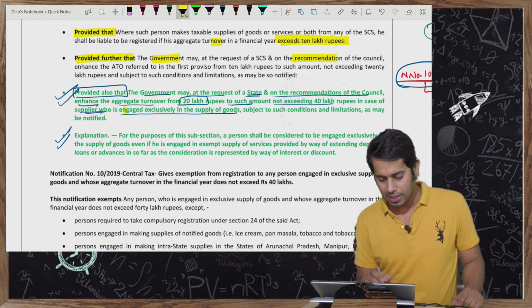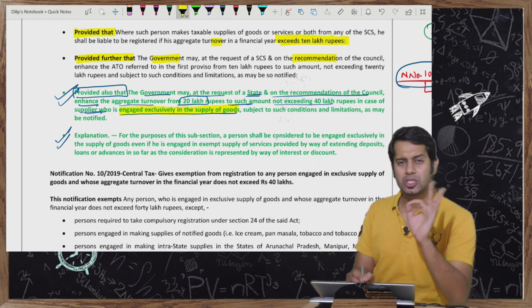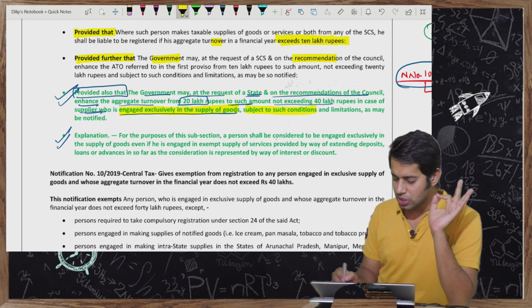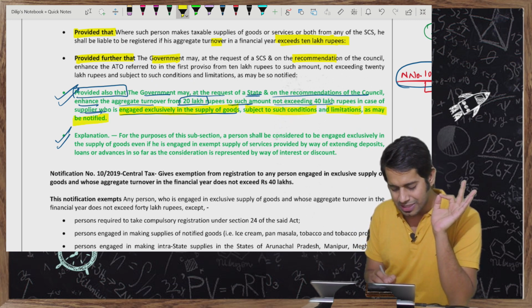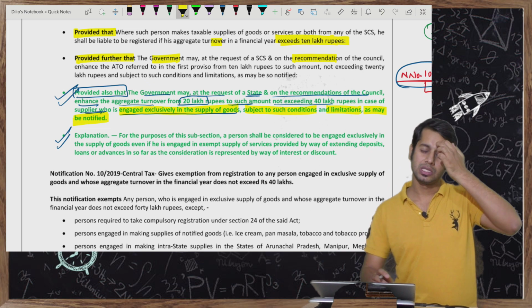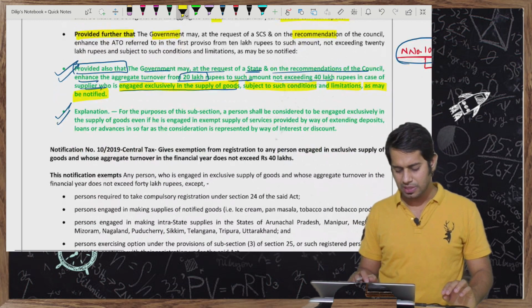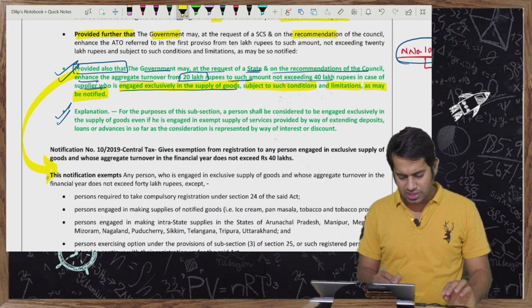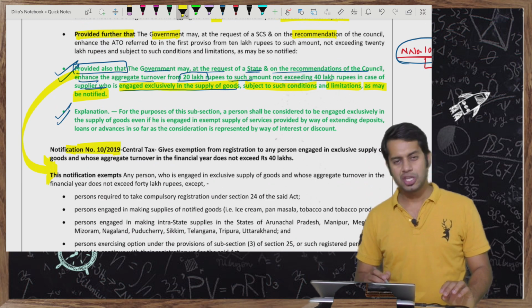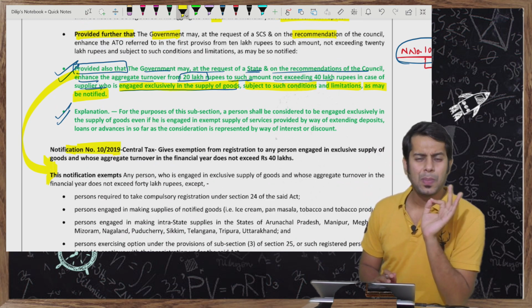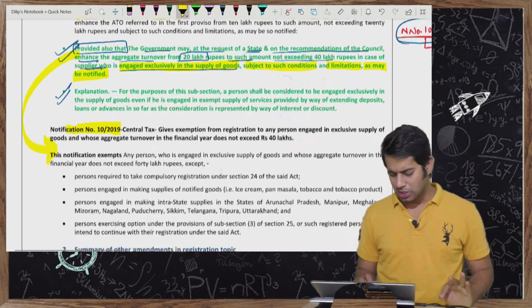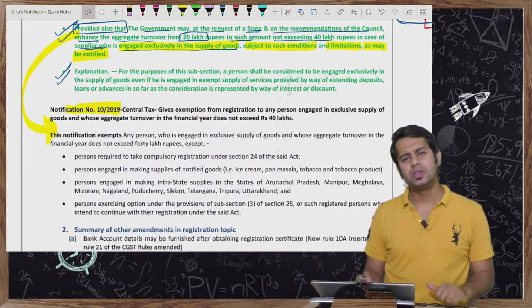In case of whom, sir? In case of suppliers who are engaged in exclusive supply of goods, subject to such conditions and limitations as may be specified in that notification. Which is that notification, sir? That notification is notification number 10/2019. What does this notification say?